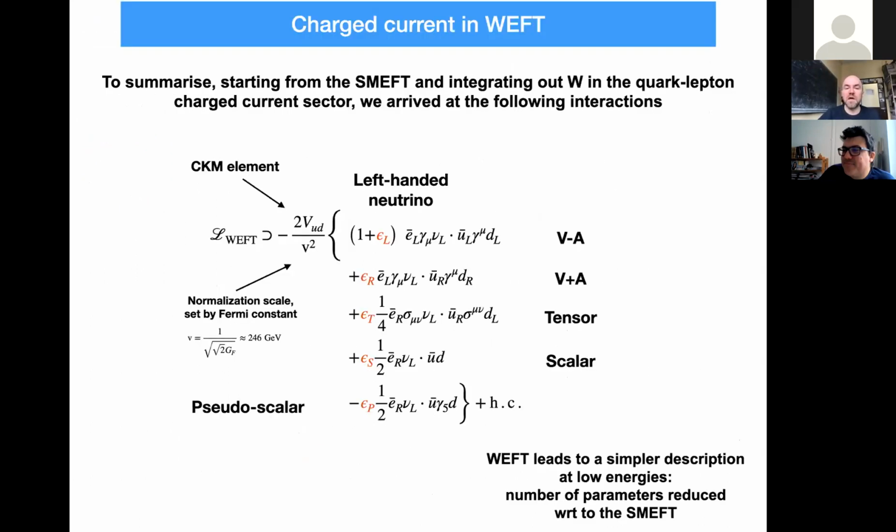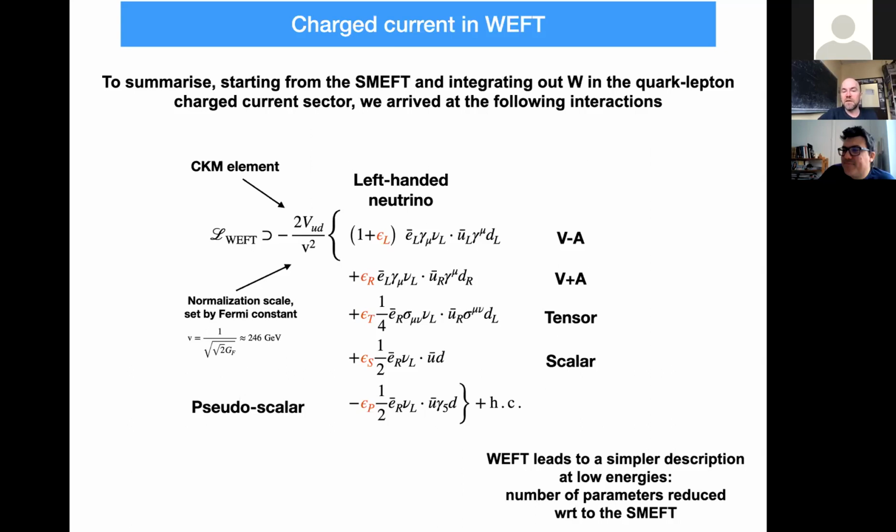So all these interactions can appear in the WEFT and should be taken into account in the phenomenological analysis. So all in all, if you look in the WEFT at the interactions between the leptons and the quarks, the most general Lagrangian at the leading order is the following. It is a dimension 6 Lagrangian. It has 1 over v squared suppression, because this is the cutoff scale of this EFT.